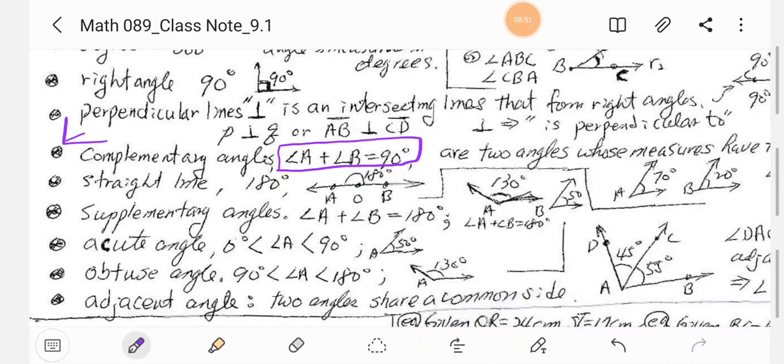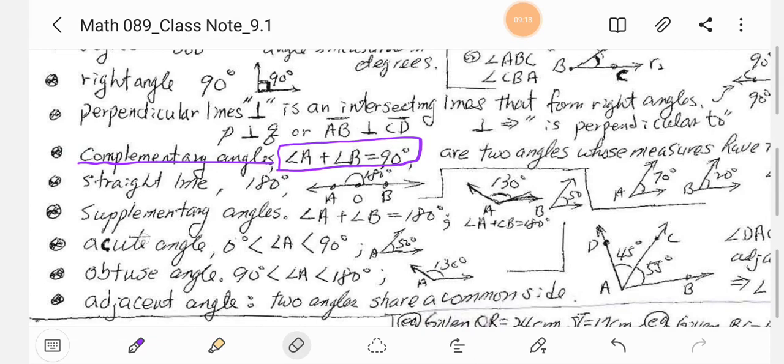If you divide it into two angles, let's say this is 30 degrees, then the other should be 60 degrees to make 90 degrees, right? So the sum of these 2 angles is 90 degrees, and we call these 2 angles complementary angles.